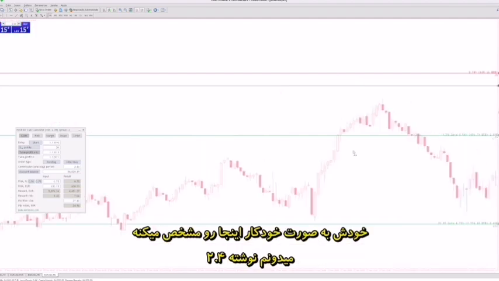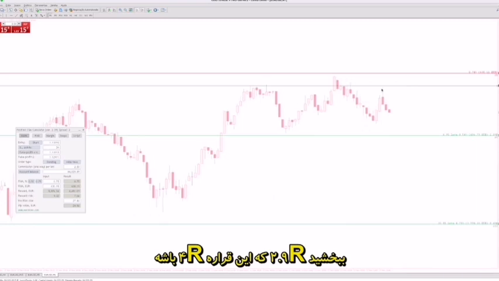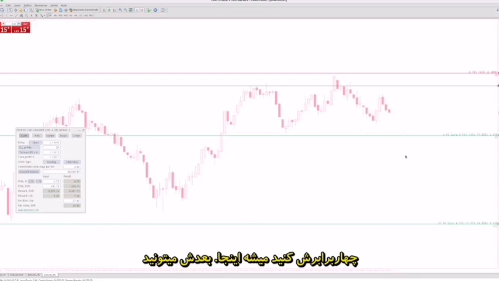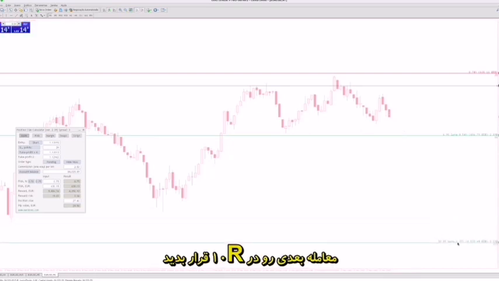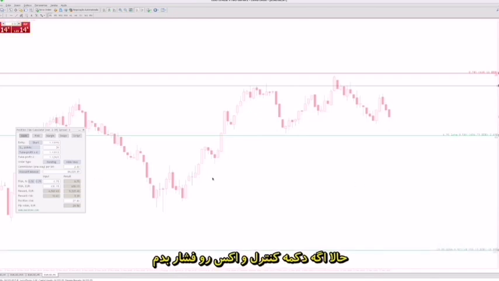I know this is saying 2.89R. This is set to be 4R. If you see the distance here, you put it 4 times and it is right here. Then you can put the other trade at 10R. That can be here. So this is it. If now I click Control X, which is my shortcut to open this trade, it will open 2 trades.